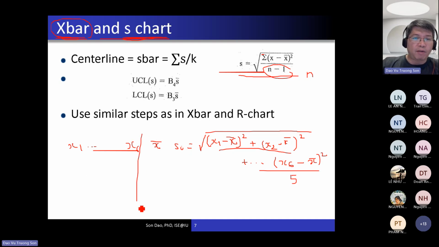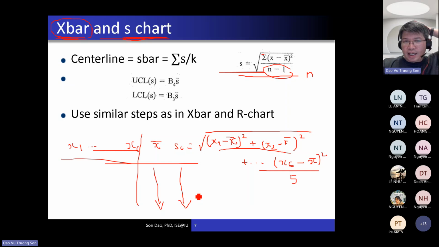So again, if you have a lot of data, you can do the same thing. Calculate x bar for each subgroup, and standard deviation for each subgroup. At the end, you have a list of S values.